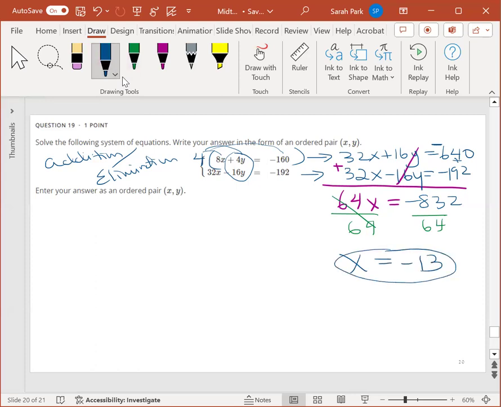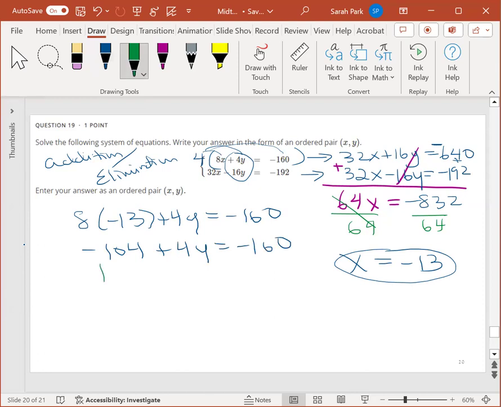So now that we found x, we can solve for the y value by plugging x into one of the equations. I'll plug it into the top equation. So 8 times negative 13 plus 4y equals negative 160. 8 times negative 13 is negative 104, plus 4y equals negative 160.